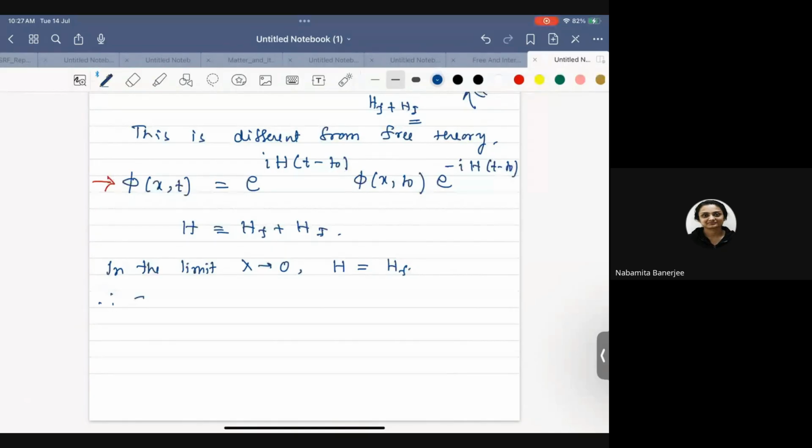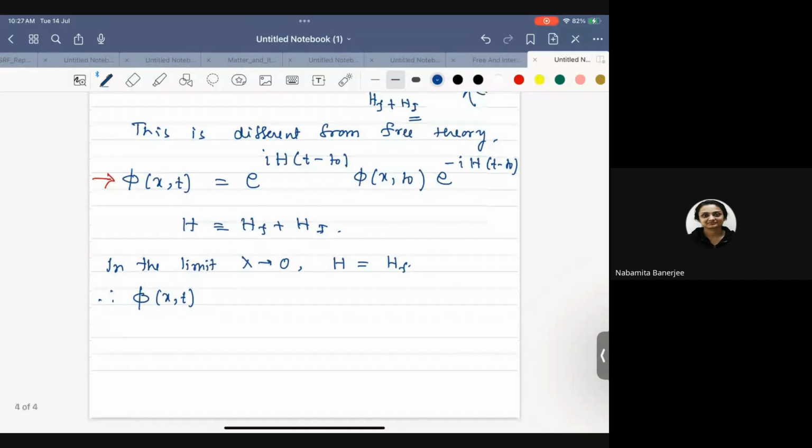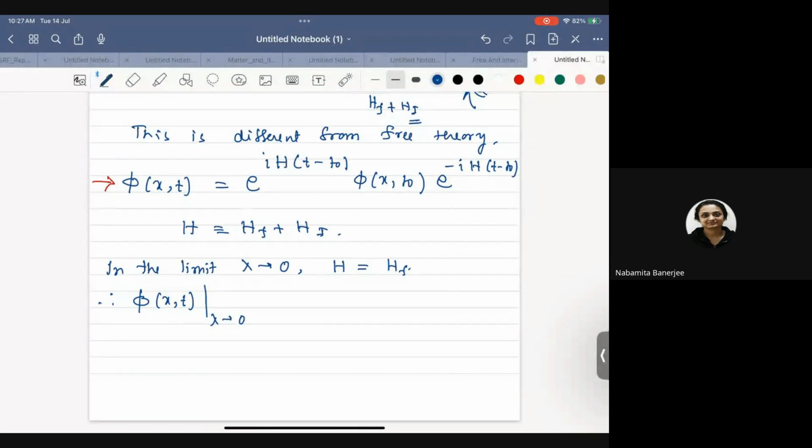So therefore, any operator in the theory in the presence of phi 4 interaction, as soon as you take lambda goes to 0, I can replace this H by H free, because in the lambda goes to 0 limit H is free, and the only operator appearing in this expression is H. So I can just replace it, and let me define it by phi_I of x, t.